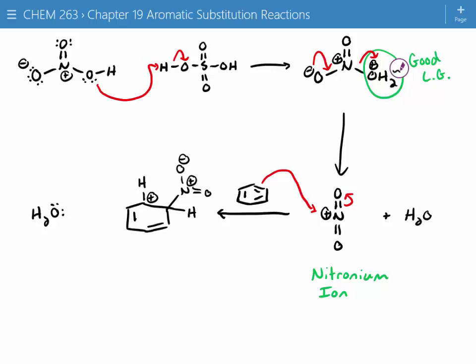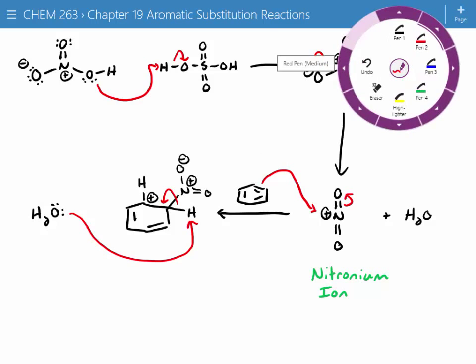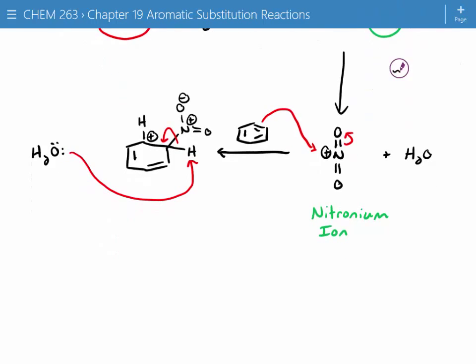All right, what do you guys think the next step is? Restore aromaticity. Like I said, this is kind of like beating a dead horse a little bit. You can take the oxygen on the water, have that be a weak base, clamp down, and you end up with your new nitrobenzene.